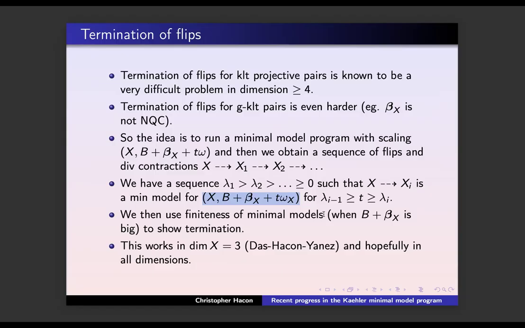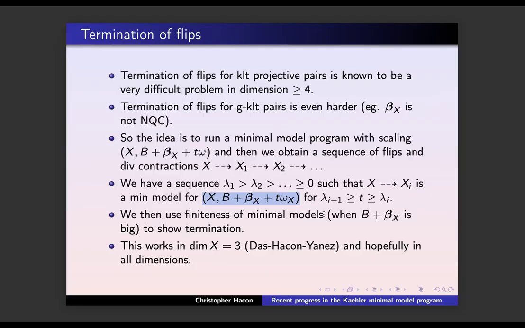Unluckily, we are trying to prove that result, so we can't use the result to prove termination, right? So all I can say is that this termination is expected, but proving this termination would be a key input in proving the generalized BCHM result in this setting.